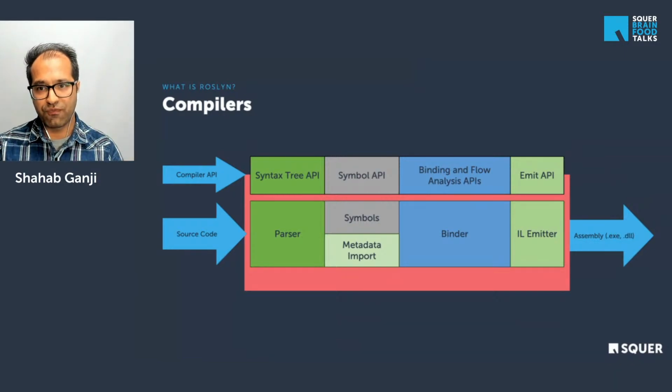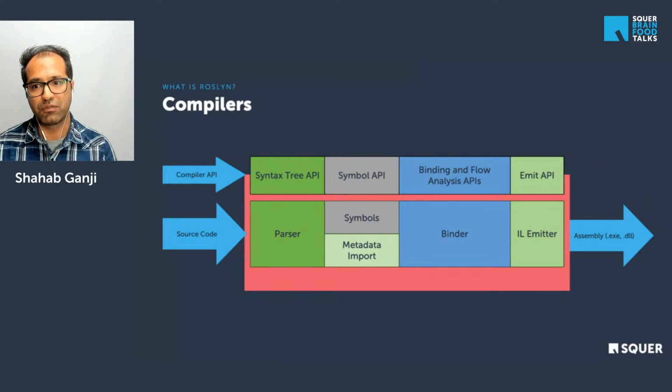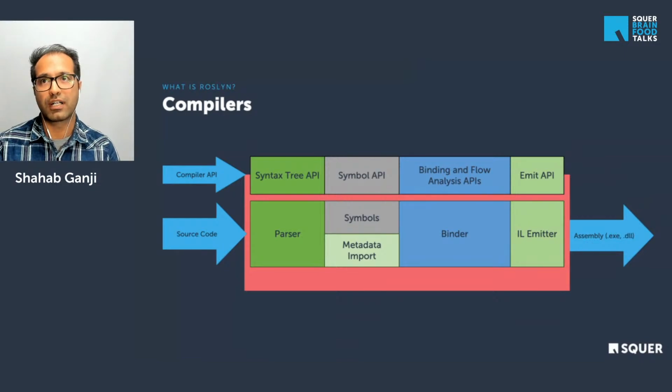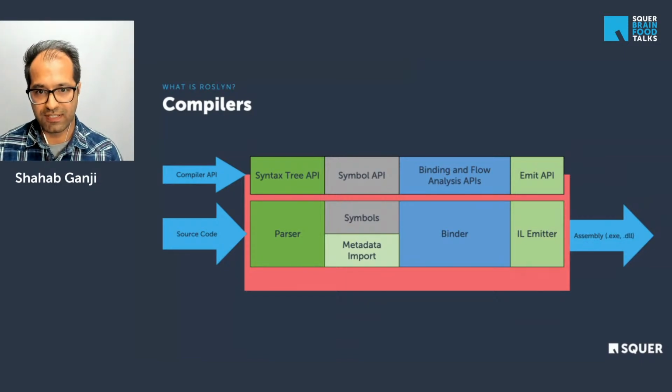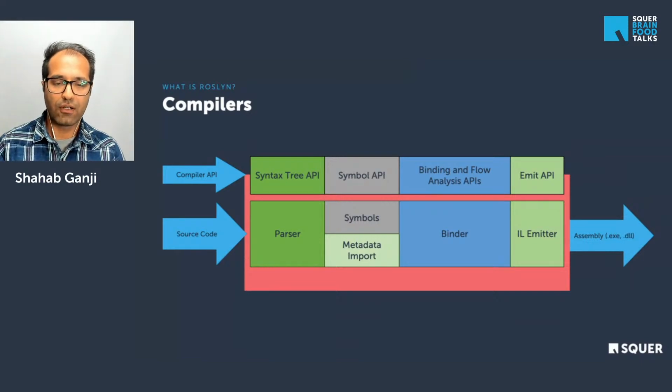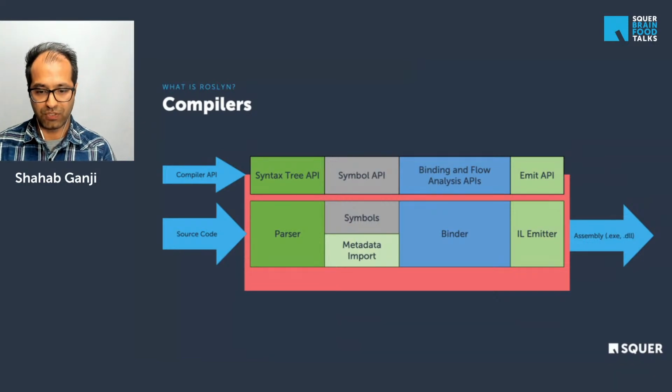So for each phase, we have a representation. These are extension points that we could use to communicate with the compiler at compilation time. Either we are getting some information from them, or we are adding some information to this compilation phase. And all of these components are combined together as a single end-to-end whole.